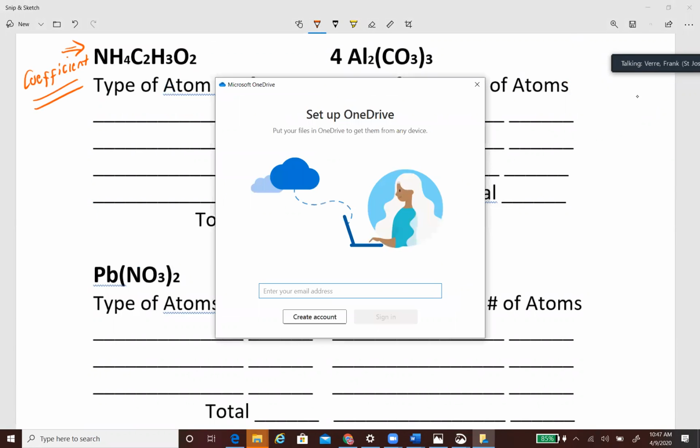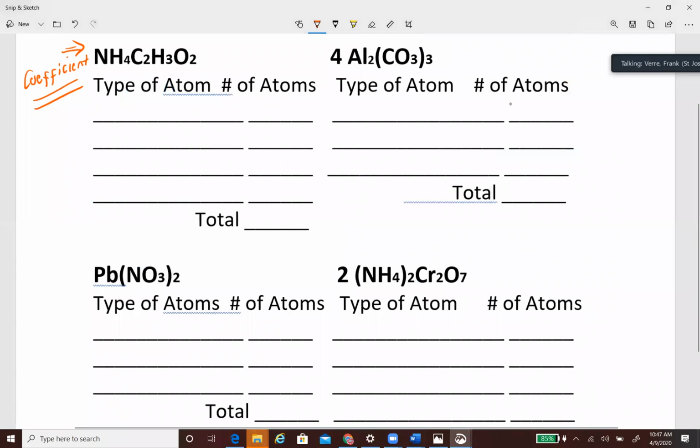All right, so if I look at this, okay, so I see there's nitrogen, there's hydrogen, there's carbon, and there's oxygen, okay? So how many nitrogen are there? Well, it doesn't have any subscripts, and there's nothing in front, so that's simply 1, okay?